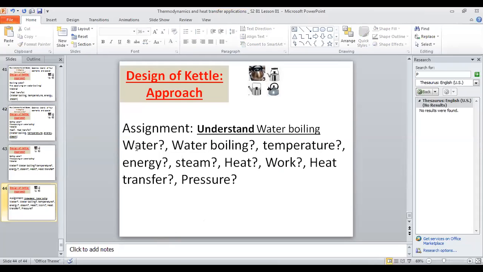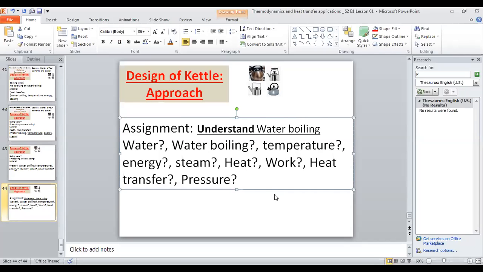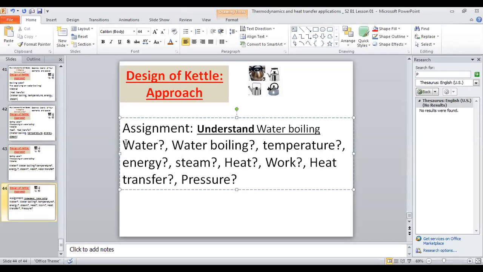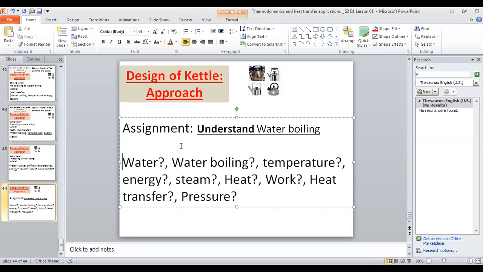Starting from the four elements, you have to look into some information, some literature. It is okay. So try to produce a very productive, very effective report for this.